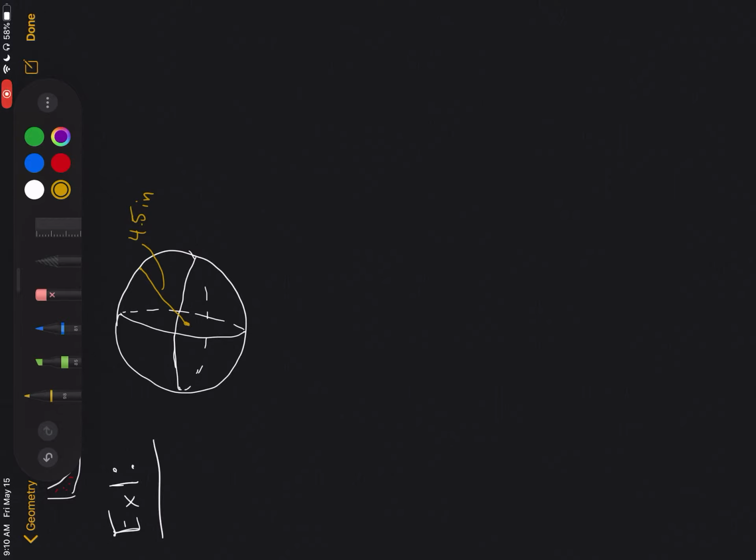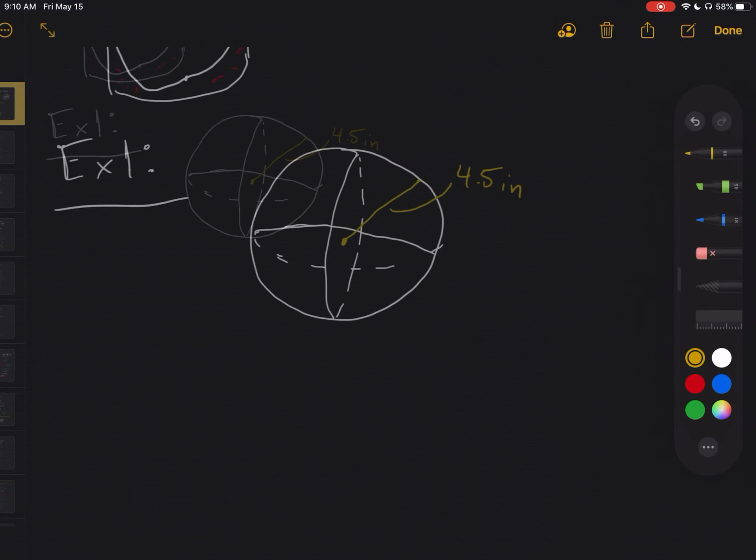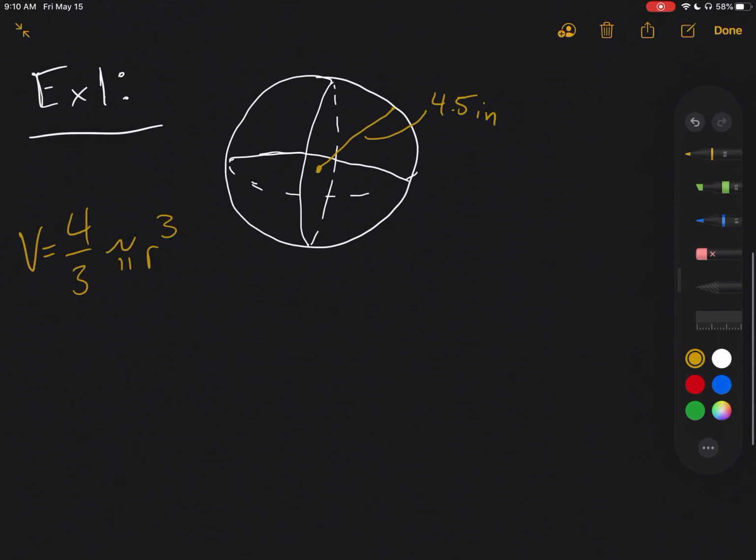All right. So I want to use my volume formula, which is volume equals 4/3 pi r cubed. All right, and so all we have to do is just plug in that radius.